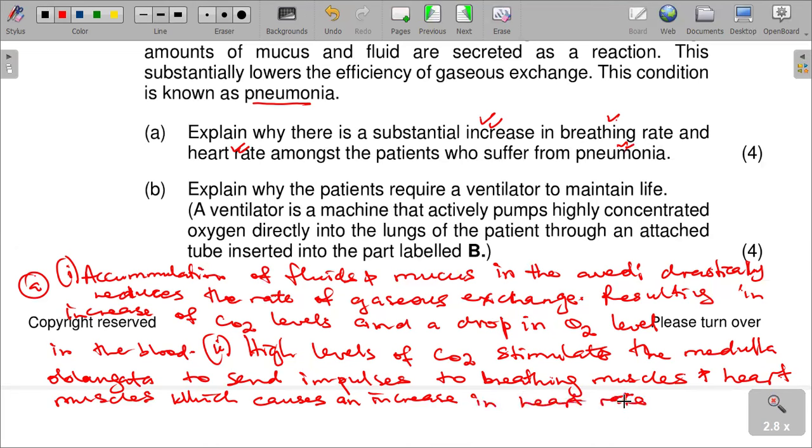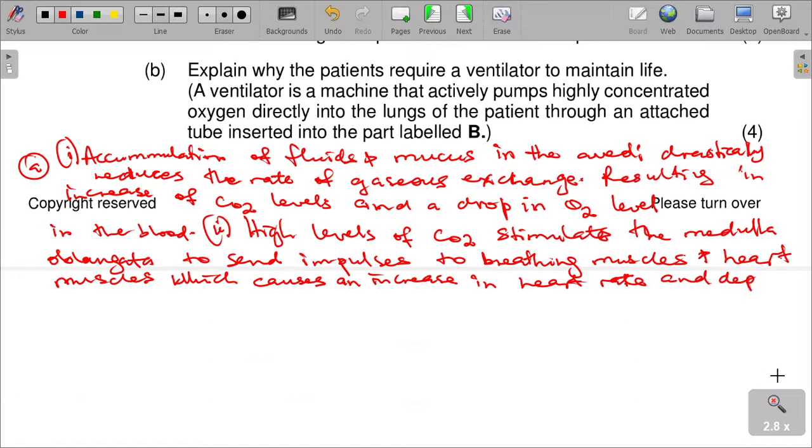It causes an increase in heart rate and depth of breathing, as you can see here.